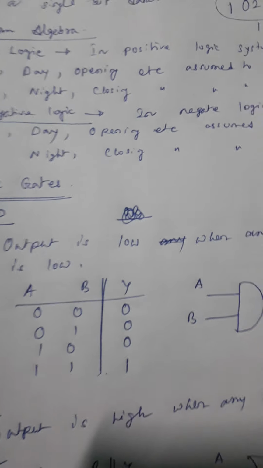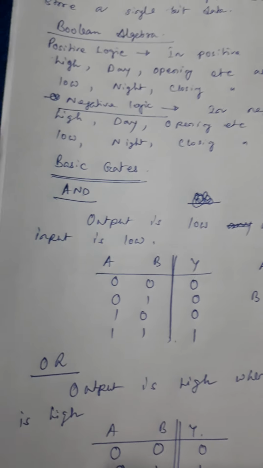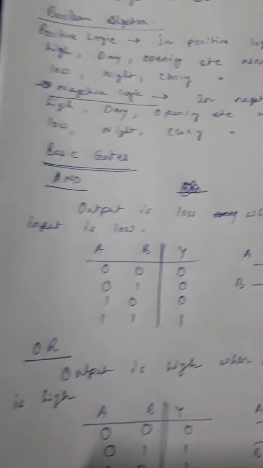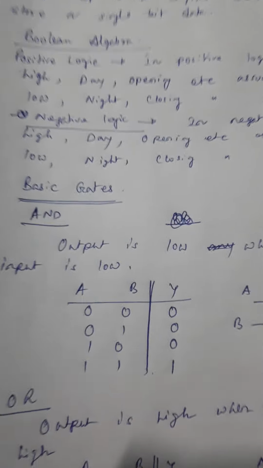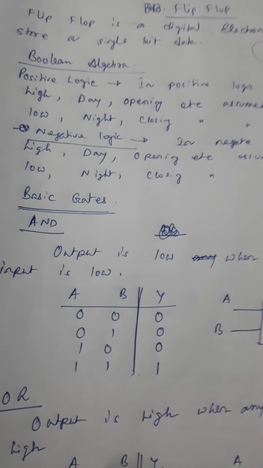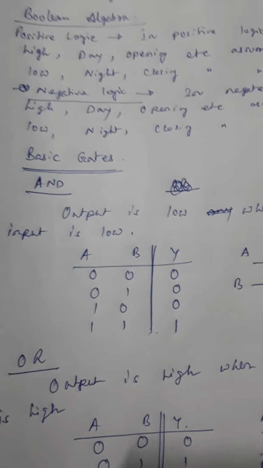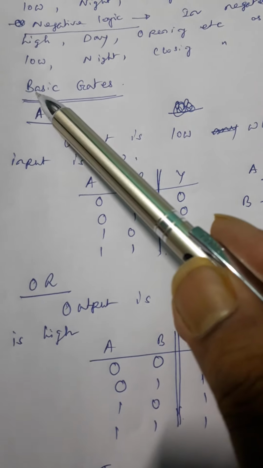Fine. Now, at this point, we shall assume that we shall be using the positive logic system only. That is, we shall refer to high as 1 and low as 0. So in this positive logic system, how do we represent basic gates?